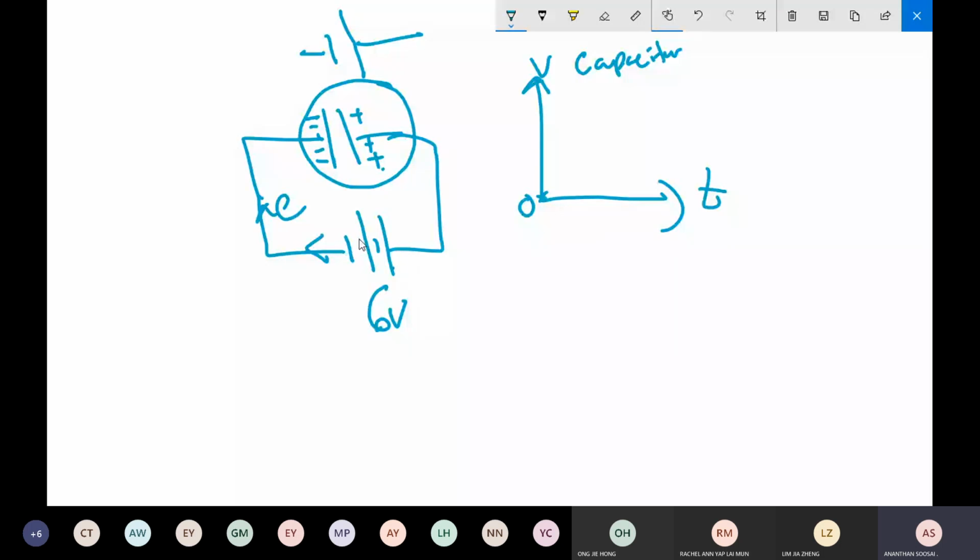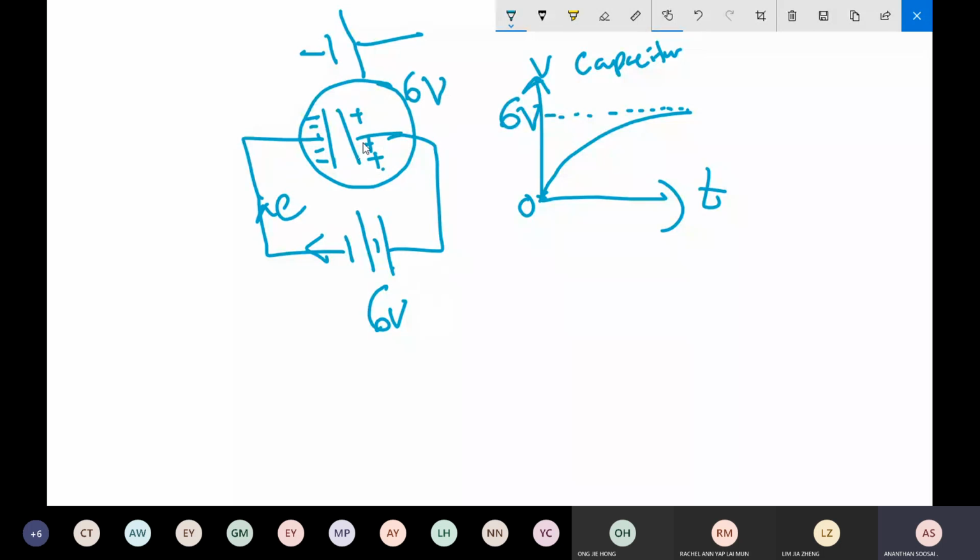As time runs, the voltage of the capacitor rises exponentially until it finally achieves 6 volt, the same as the battery.